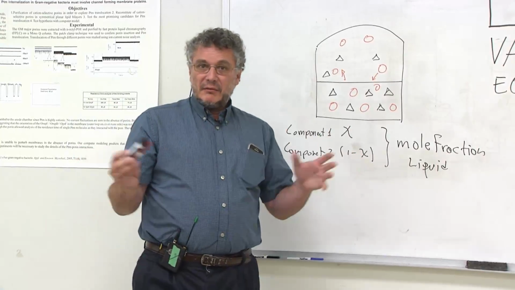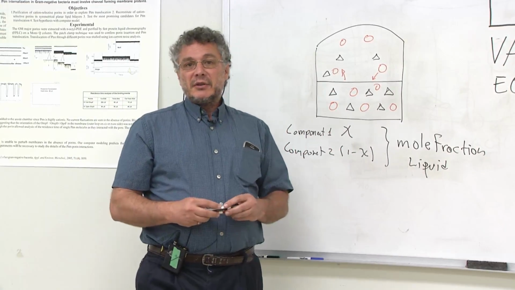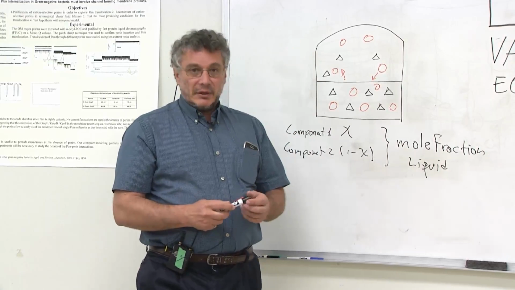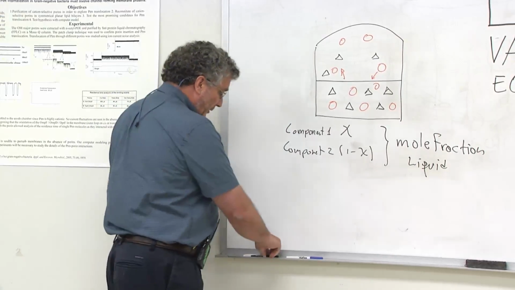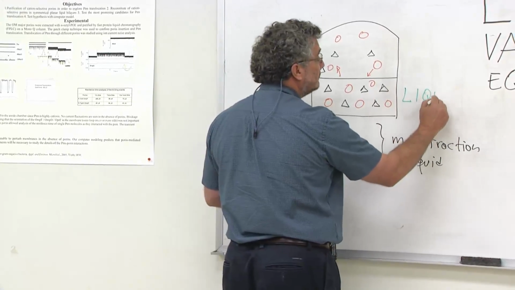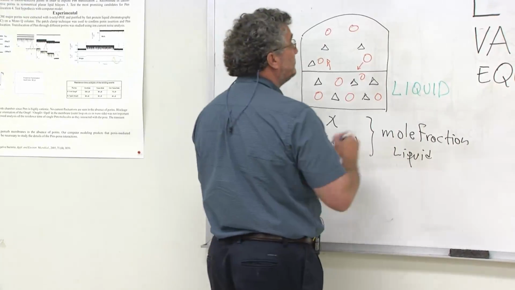Everywhere else, in every other concentration at a particular temperature, the concentration of the vapor for each component will be different from the concentration of the liquid for the same component. So here we have the liquid. Here we have the vapor.